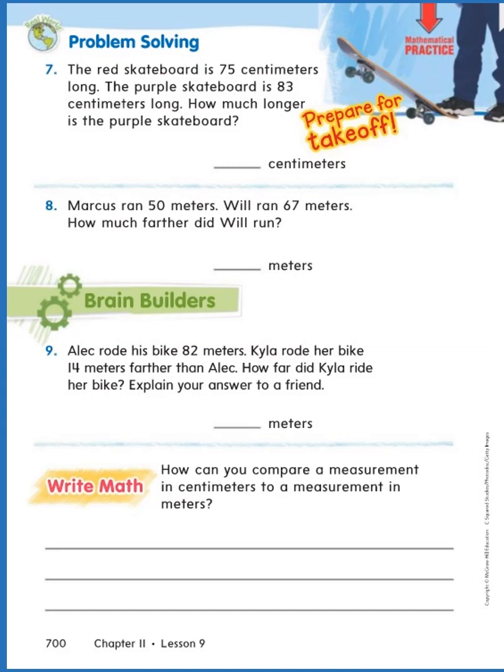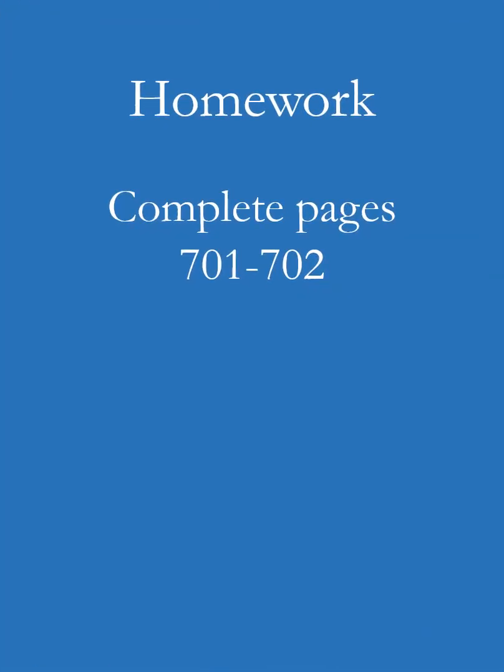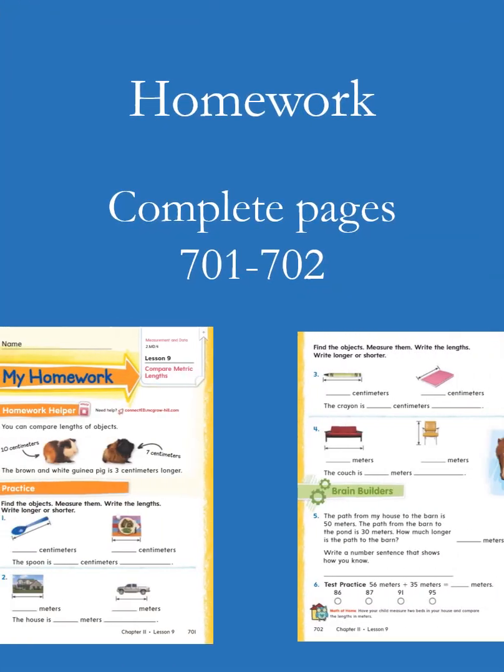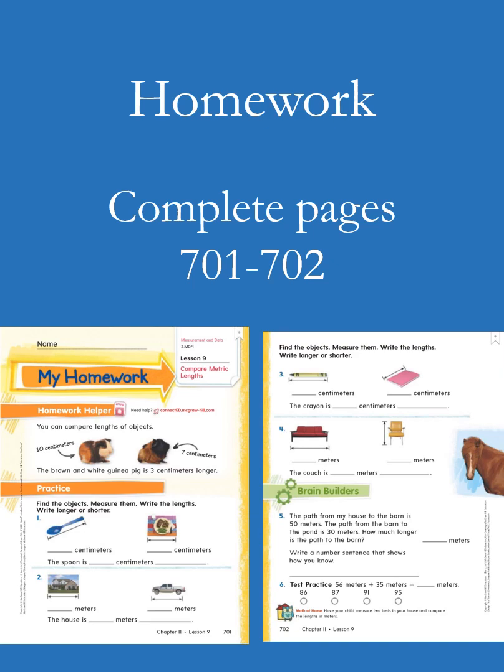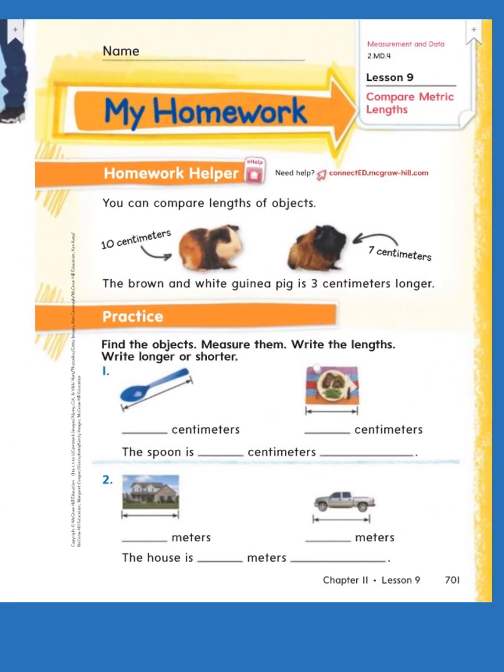Okay, now let's go into the homework, and I have to give you some information for that. So your homework is to complete pages 701 and 2, and I have to give you measurements for that as well. So let's take a look at those pages. Of course, read everything on the page as you normally should. And let me give you some measurements here, and you should mark these on your paper.